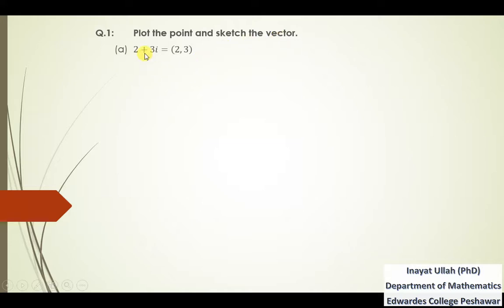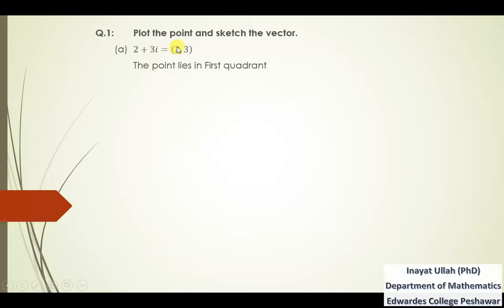So we have just studied that this complex number can be written in ordered pair notation as (2, 3). Now (2, 3) is a point in which the first component is positive and the second is also positive. So this point lies in the first quadrant. Both are positive.